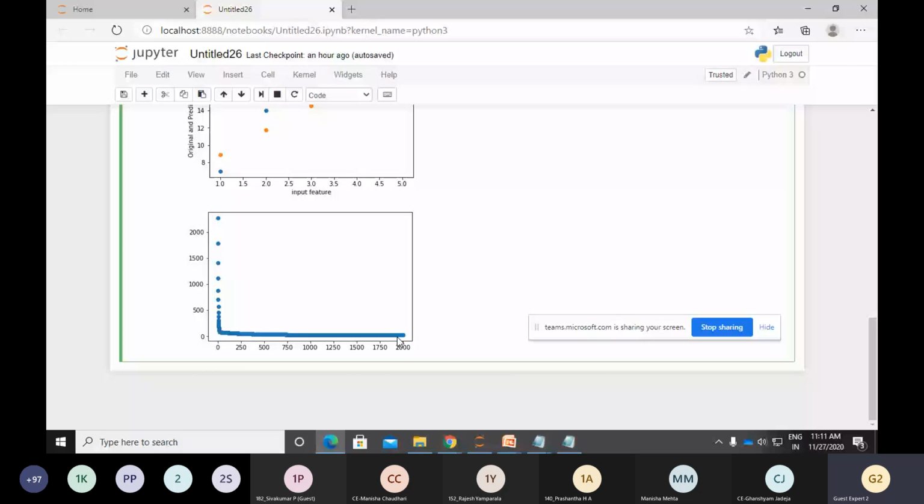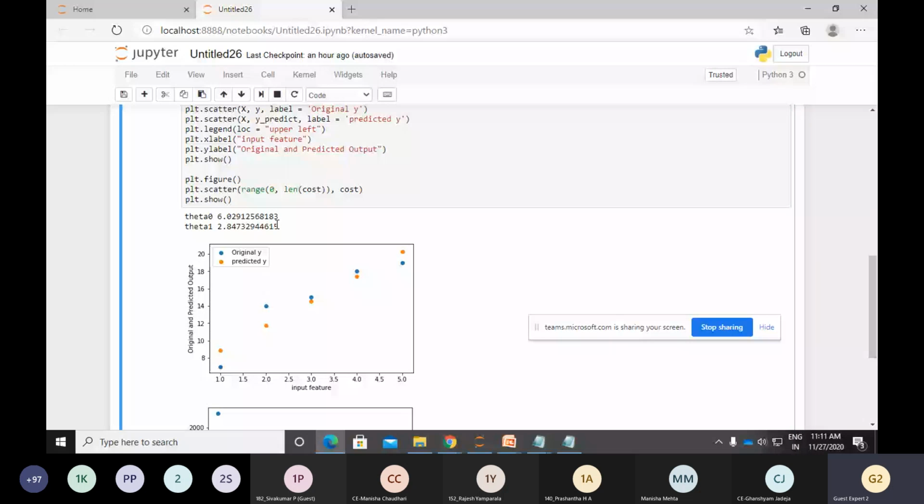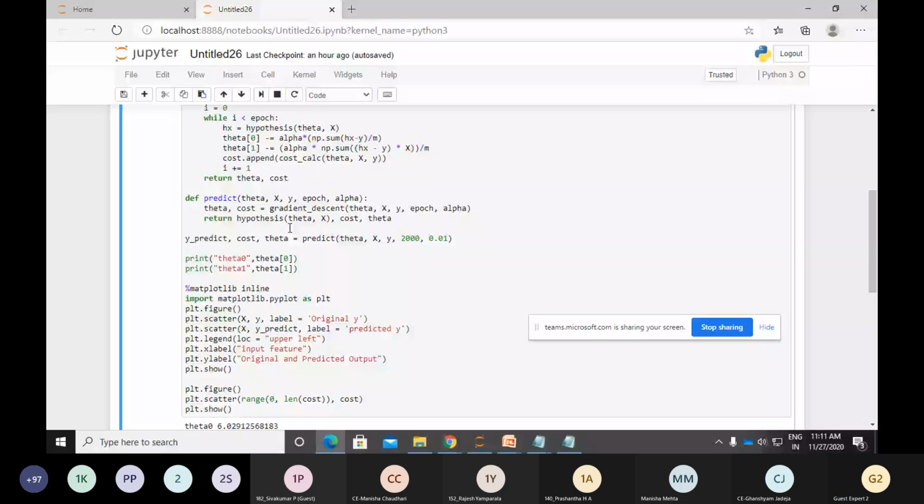You can see the values of theta 0 and theta 1 are the same as the estimator: theta 0 is 6 and theta 1 is 2.84. So this is how you can estimate the values of theta 0 and theta 1 using the gradient descent method.